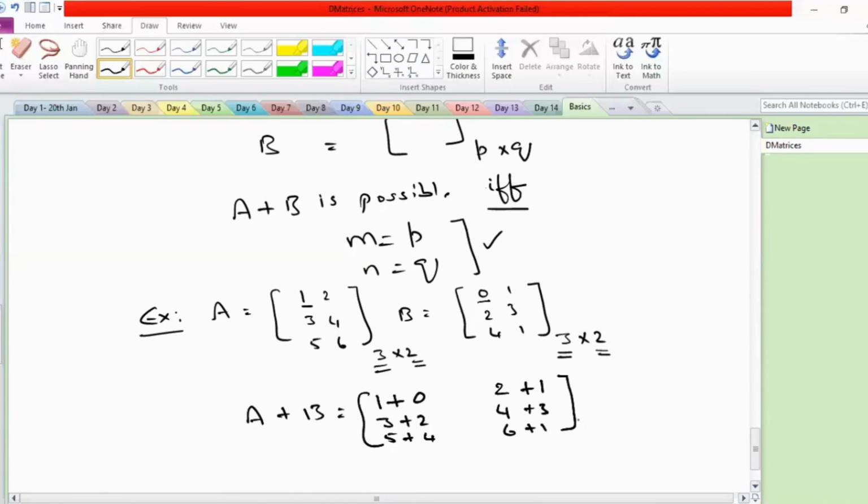This is the resultant of A plus B. If it is a subtraction, simple, all you have to do is use subtraction here. Okay?